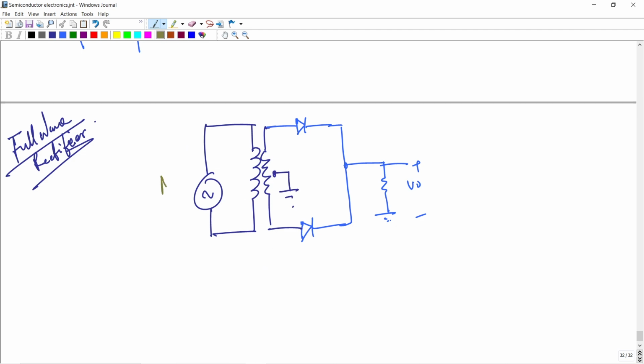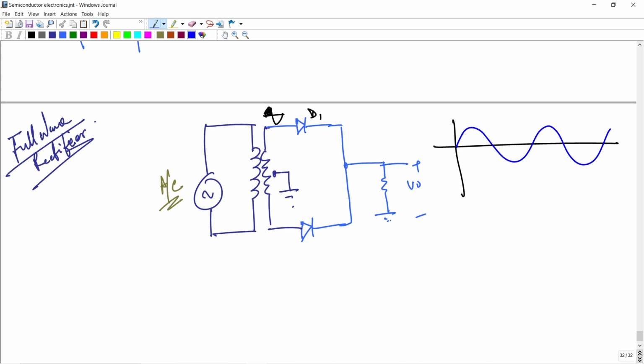There is an AC main source here. When the positive part falls on the D1 diode, and there is the output, that's the input.